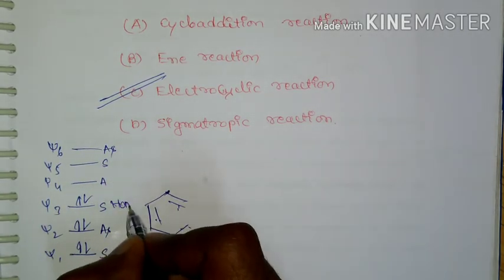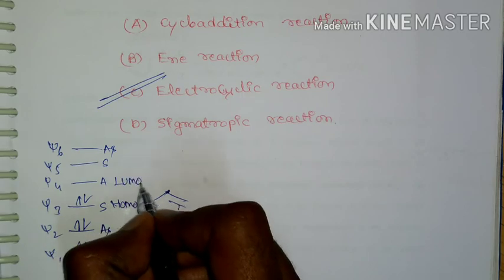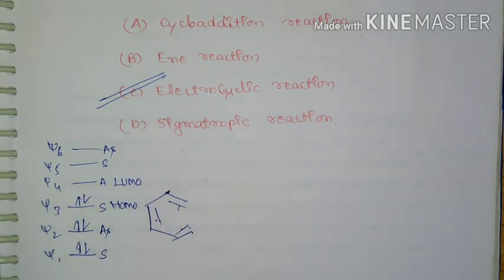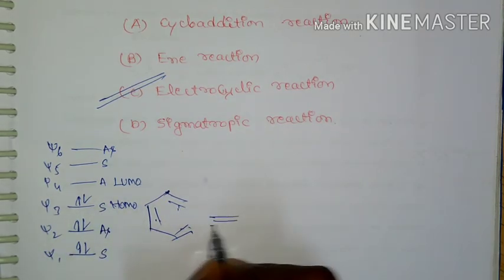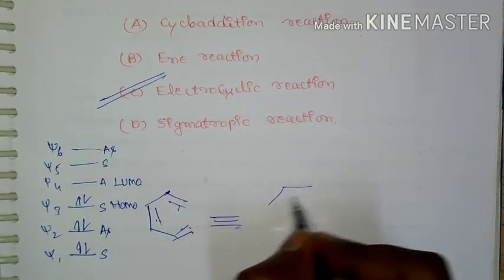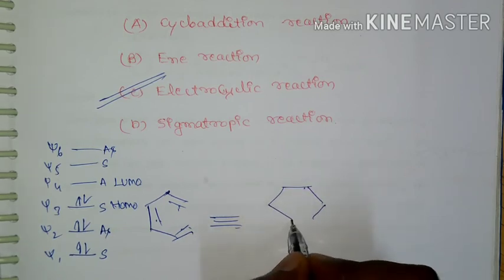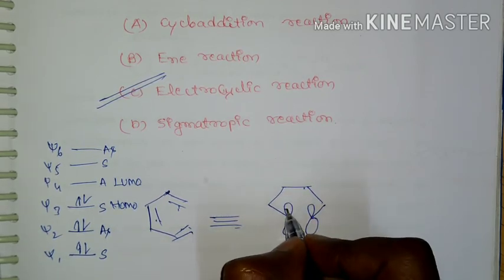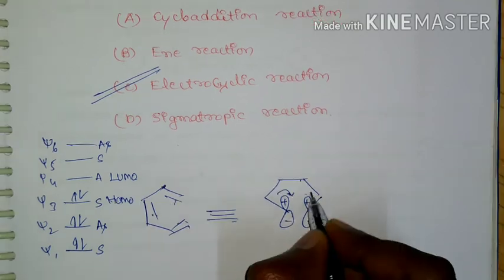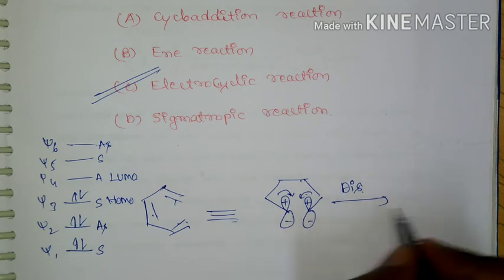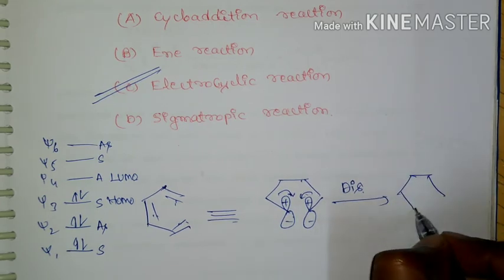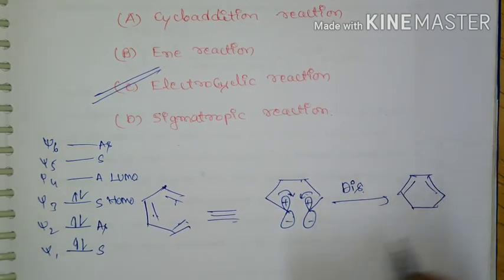This is HOMO, this is LUMO. If you consider HOMO, it is symmetric. So I can write the outside orbitals symmetric. Disrotatory ring closure reaction will give you this product. So it is a disrotatory, thermally allowed reaction.